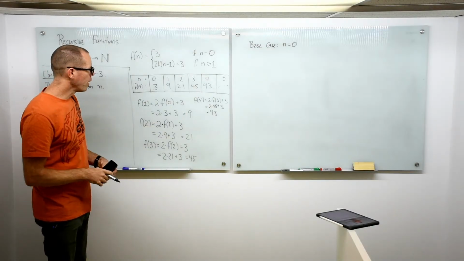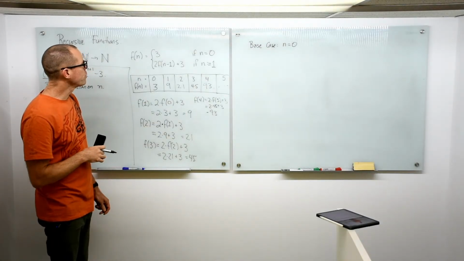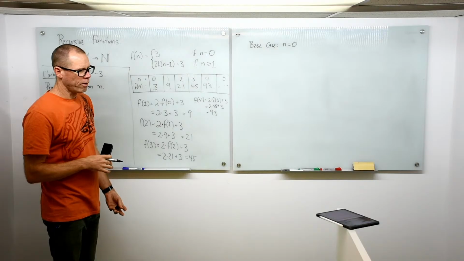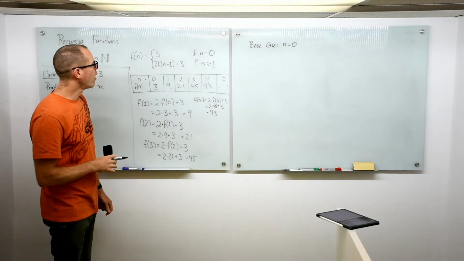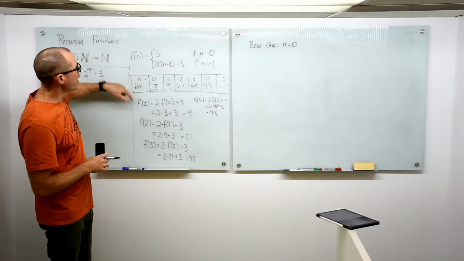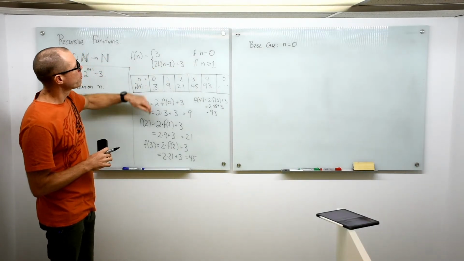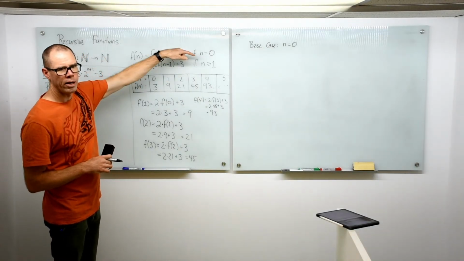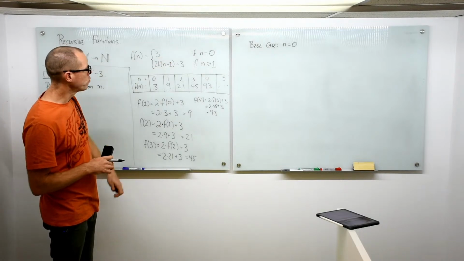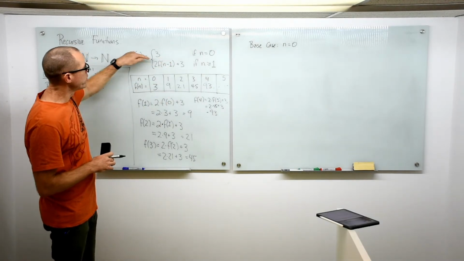And usually from these functions defined this way, the base cases are kind of obvious, because the function is defined in some way that says, well, it's 3 if n equals 0. Maybe if it's more complicated, it might tell you the value when n equals 1 and the value when n equals maybe even 2. And then there's the general term.